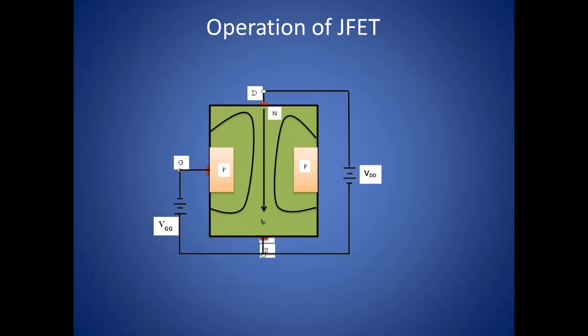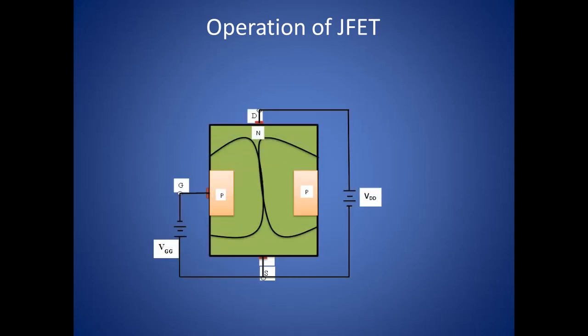When gate to source voltage VGS is increased further, what will happen? A stage is reached at which two depletion regions touch each other. At this stage, the channel is completely closed or blocked or pinched off, and the drain current ID is reduced to zero.